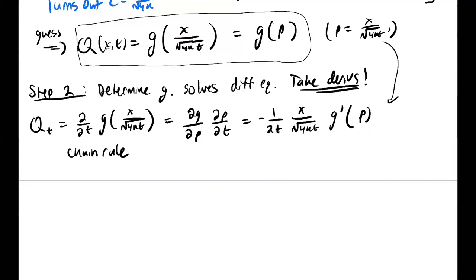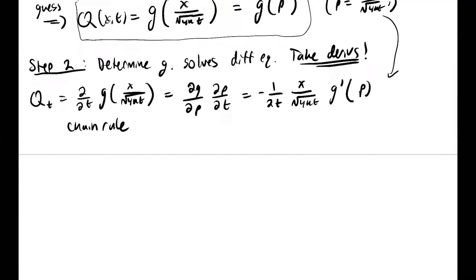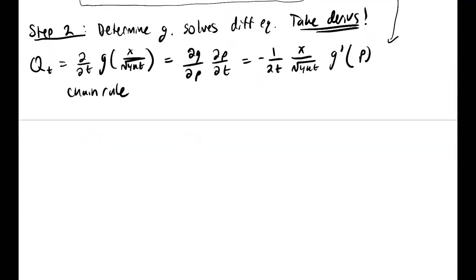Okay, and so similarly, now we have the derivative with respect to t. And now what I want to do is just calculate the x derivatives. So let's do that. So similarly, if I take the derivative with respect to x, this will be given by the derivative of g with respect to p, now times the derivative of p with respect to x.